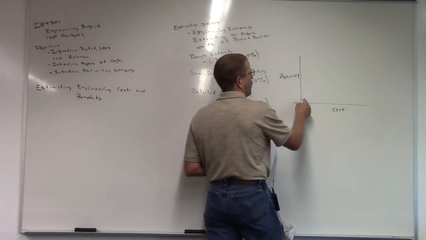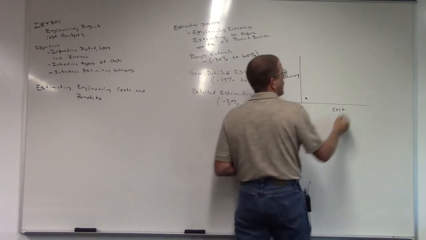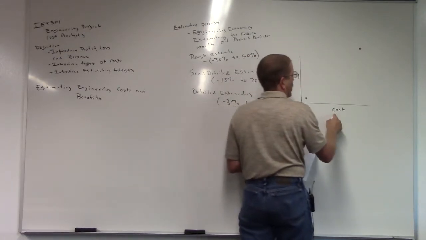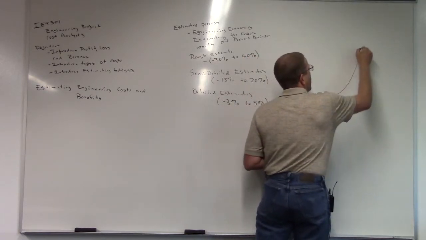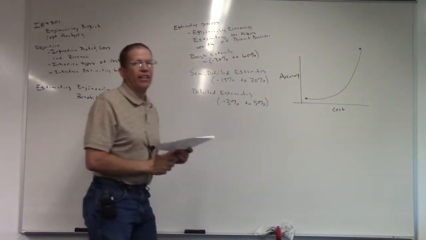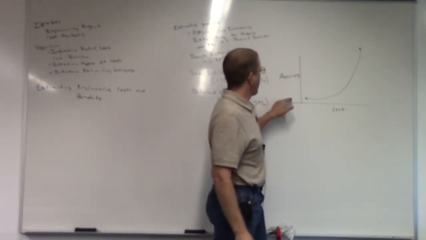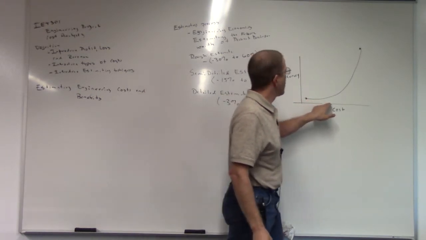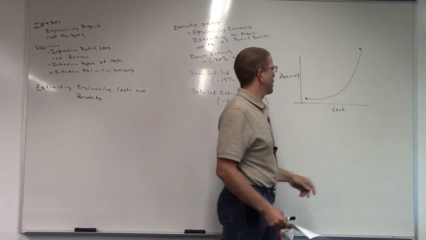So if we have a low accuracy, we tend to have a low cost associated with it, and as we increase the accuracy, the cost increases significantly. It turns out that this is not a linear relationship. It is in fact exponential. We start off with low accuracy representing low cost, and as we increase the accuracy, the cost just takes off.